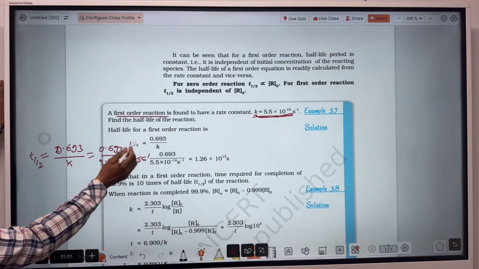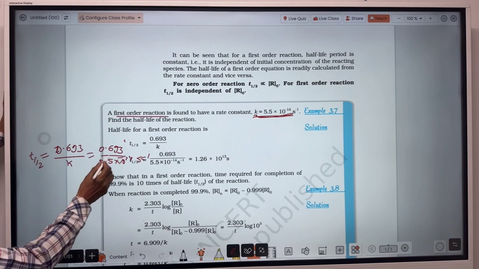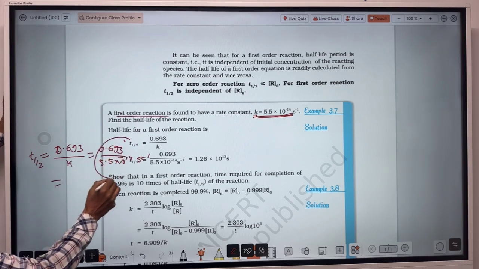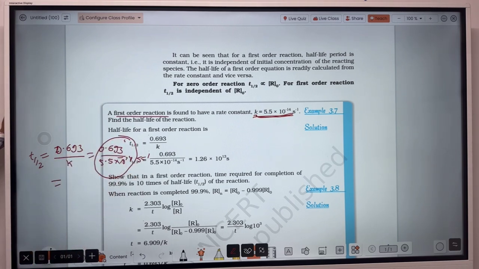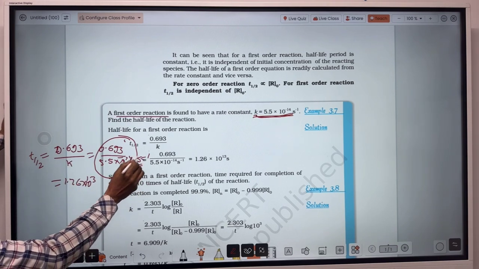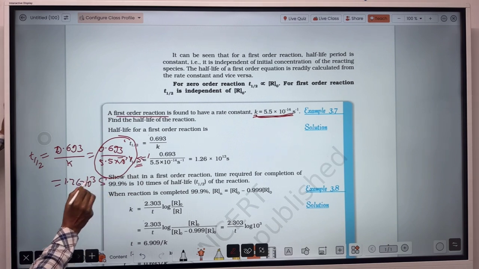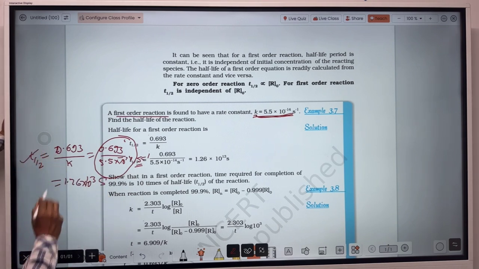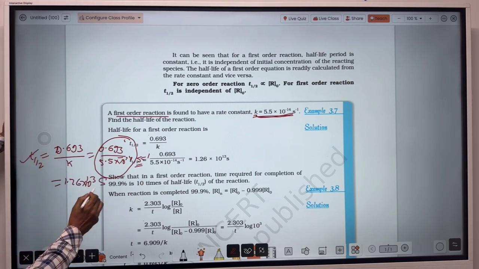Second inverse goes in the numerator and becomes second. After calculating this, we get 1.26 into 10 power 13. So the half-life period will have the unit of second.